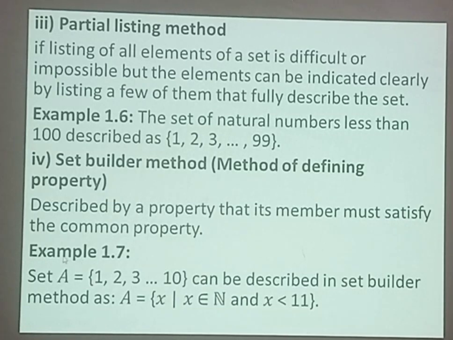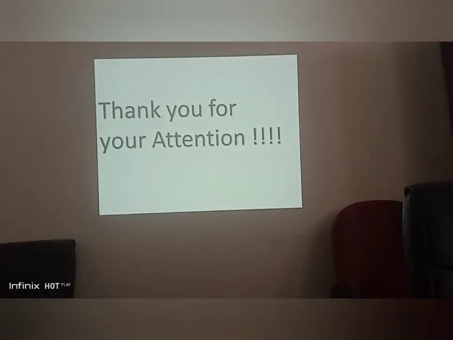For example, here set A is equal to {1, 2, 3 up to 10} can be described in set builder form as what? A is equal to {x such that x is an element of natural numbers and x is less than 11}. Then this indicates the set builder form of this set. Thank you for your attention.